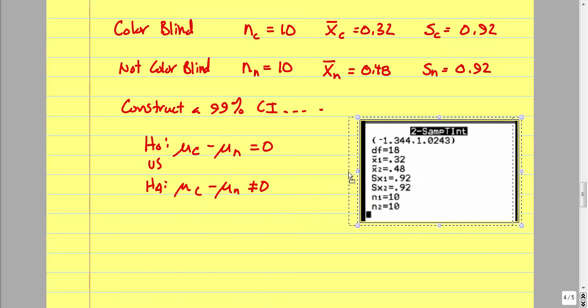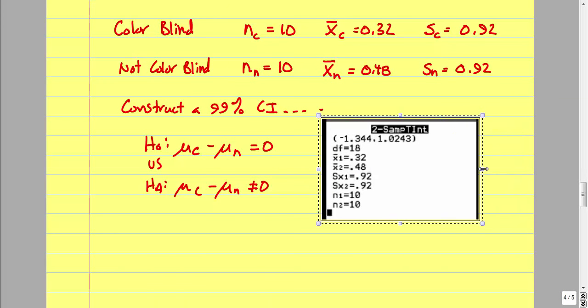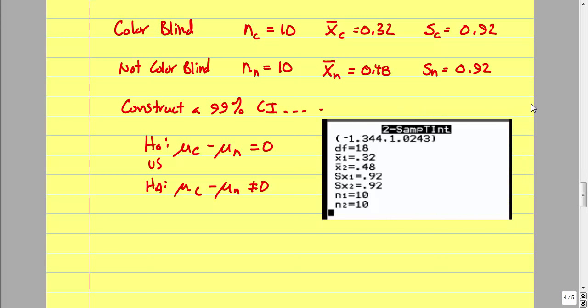So my confidence interval looks like it goes from negative to positive values. My confidence interval goes from negative 1.344, and this is talking about the difference in the means, mu sub colorblind minus the average of the not colorblind, less than 1.0243.